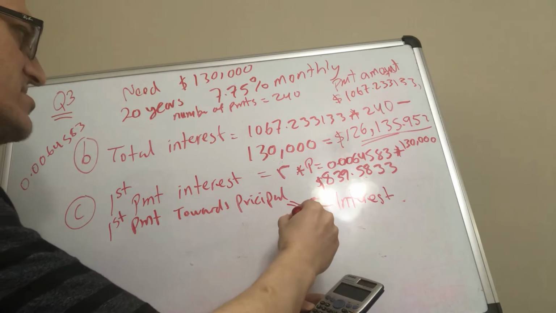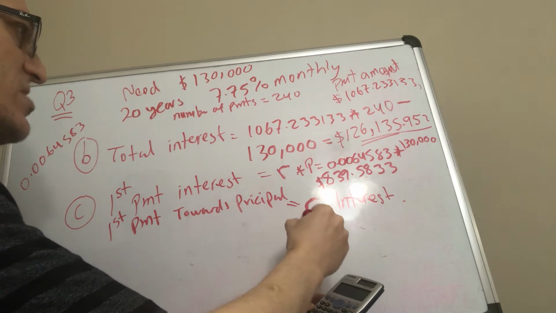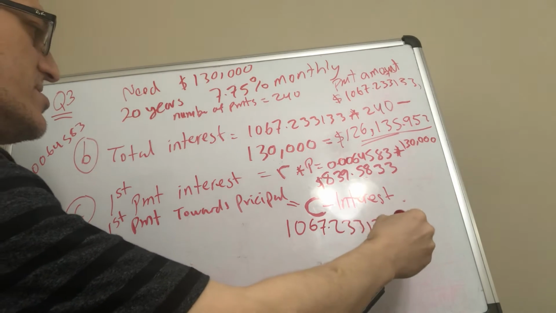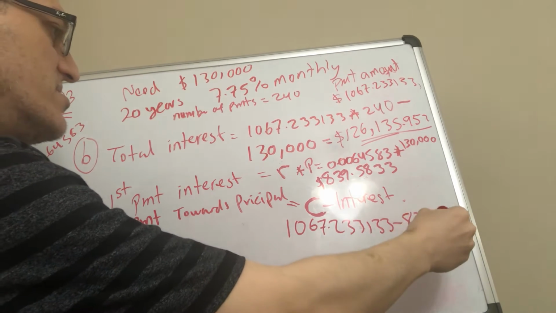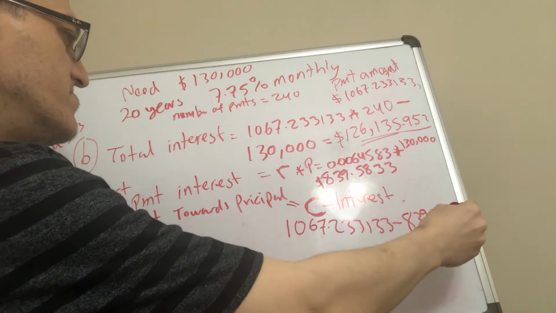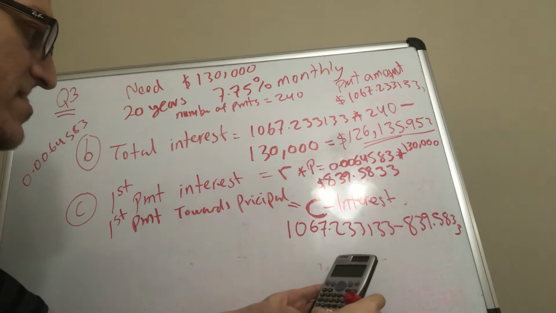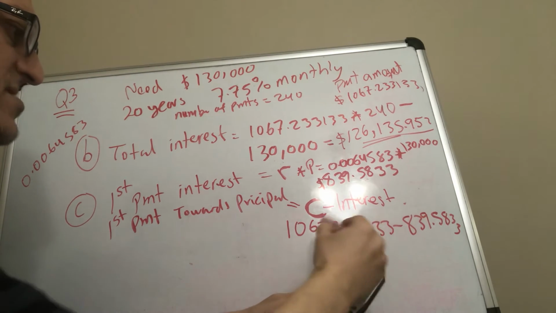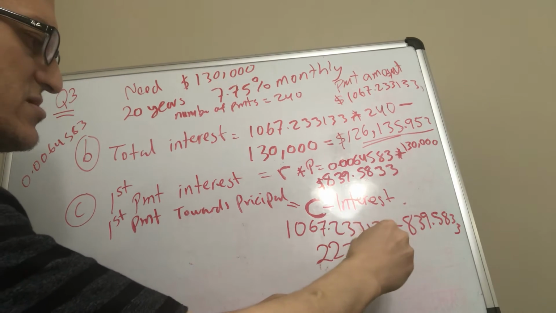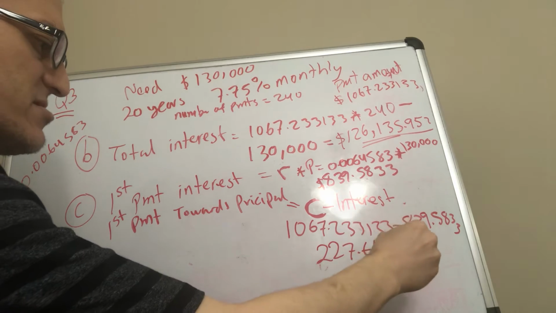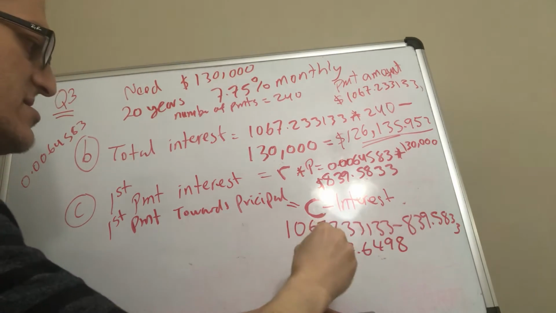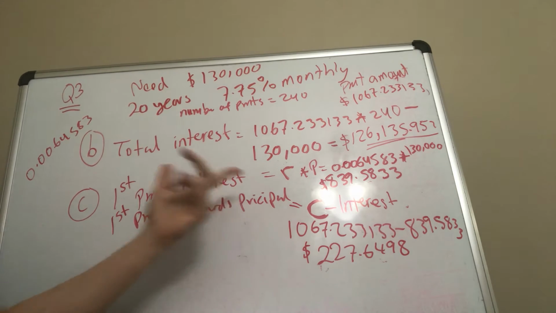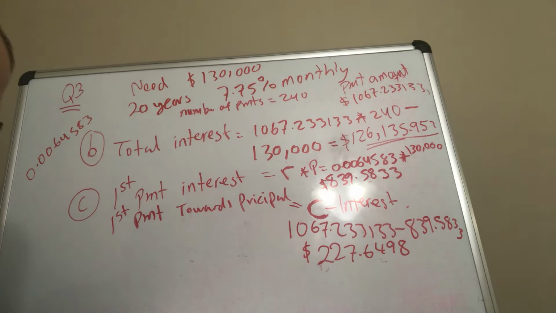The actual payment is 1,067.233133 minus this number, and that will tell you the principal payment, about 227.6498. That's how much towards principal, and this is how much towards interest.